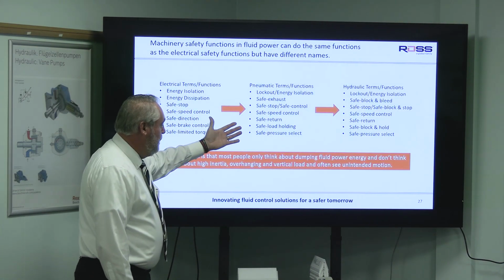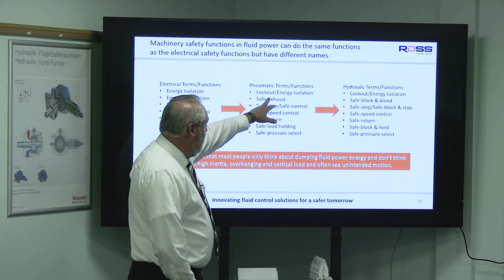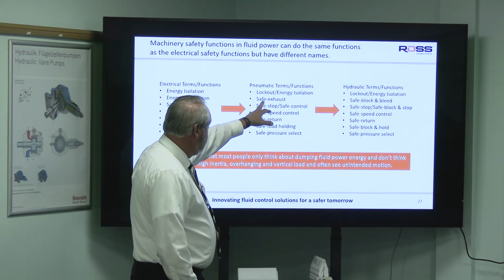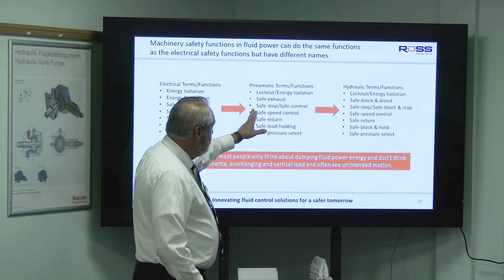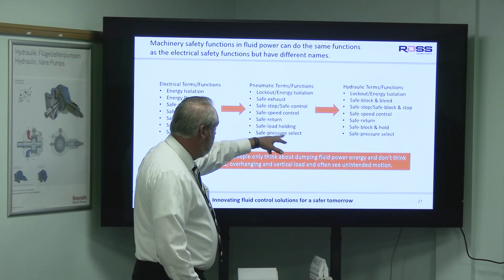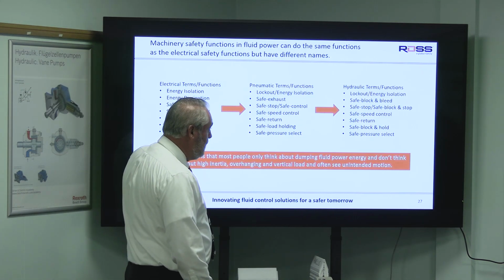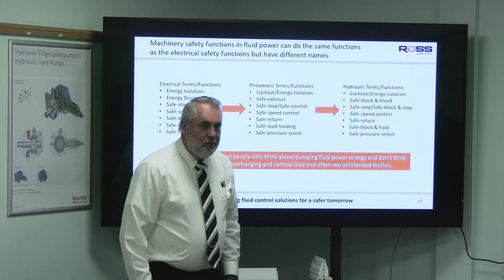Well, we have similar terms in the fluid power world. We call it lockout and energy isolation. We call it safe exhaust for pneumatic, safe stopping or safe control, safe speed control, safe return, safe load holding. We can do the same things that people can do electrically in the fluid power world.